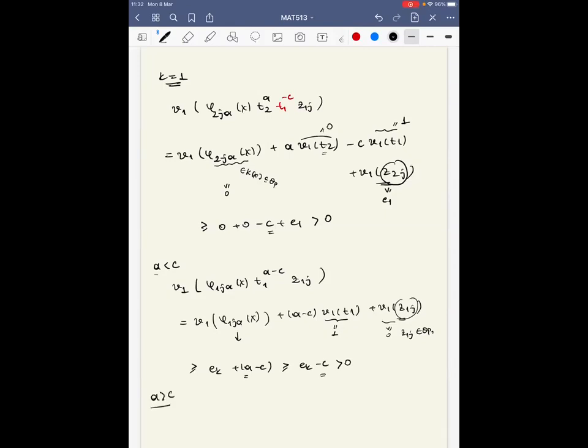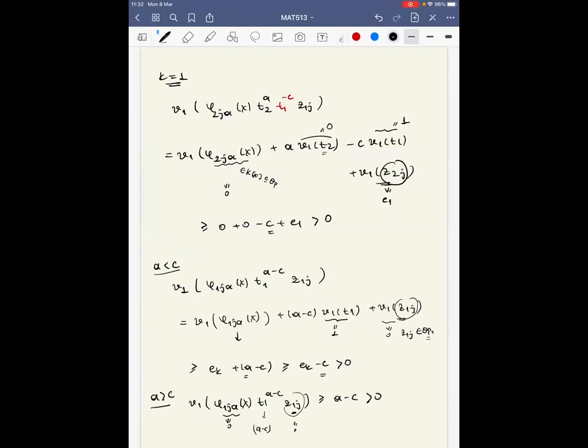When a is bigger than c, similarly, we can see that this is going to have positive valuation. From the prime element, we will get the factor a minus c, and similarly, these are the valuation rings OP1, they have positive valuations.